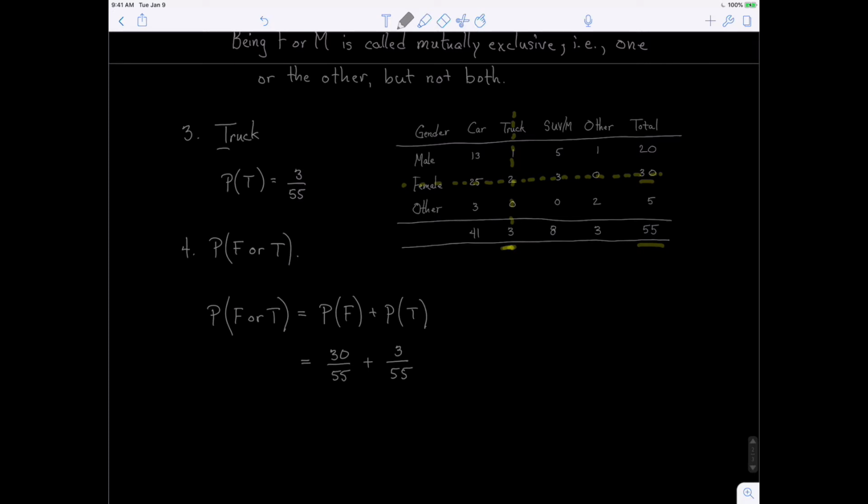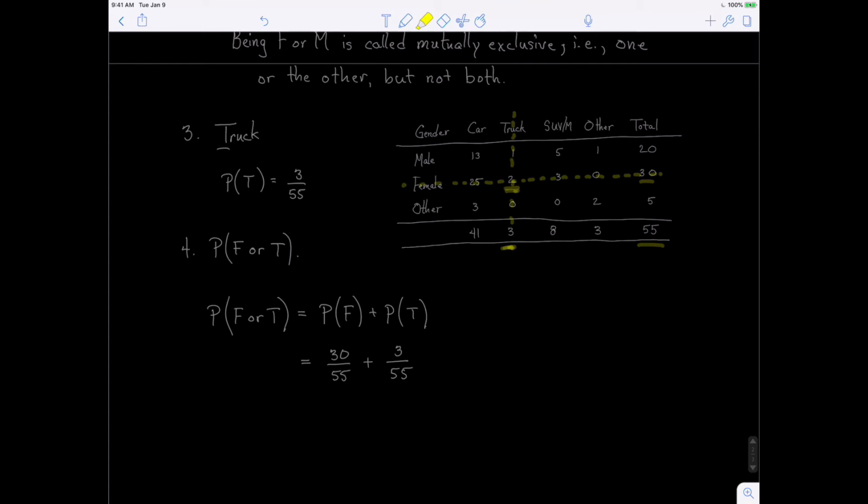Now, you could add those up, but there's something else that needs to be observed, and that's this. Notice that when we counted the 3, this 3 included an overlap of the 2 females. So we counted the total number of females that drove the truck.